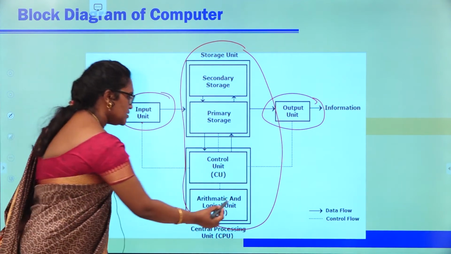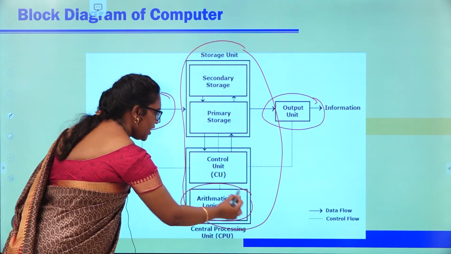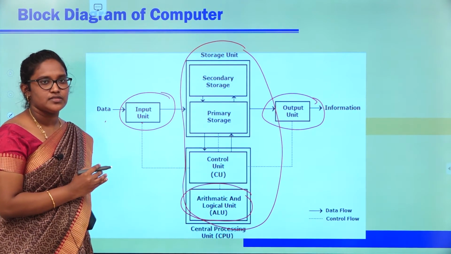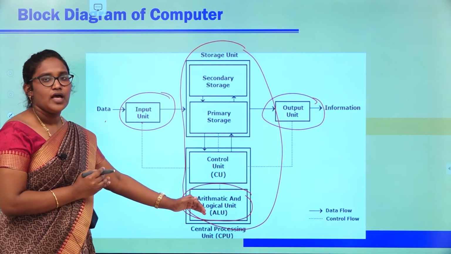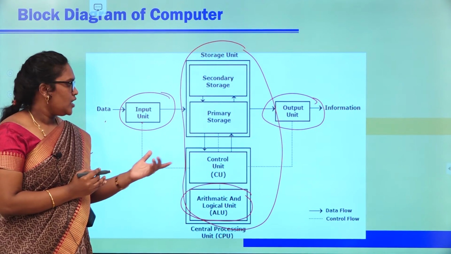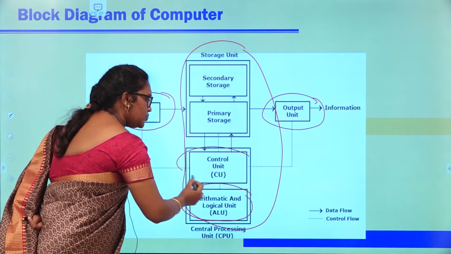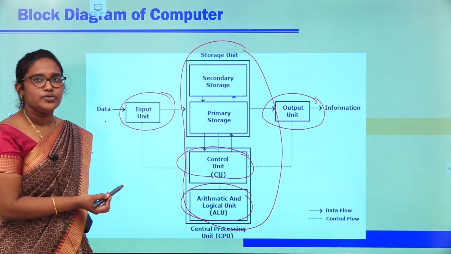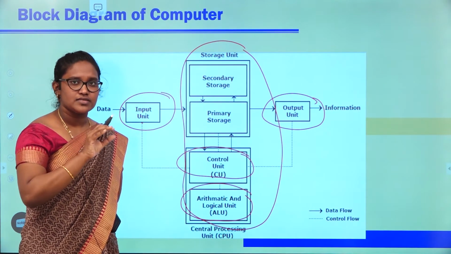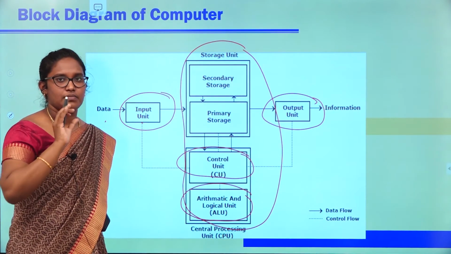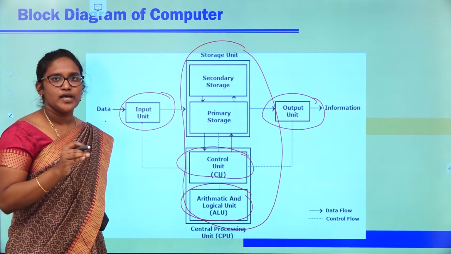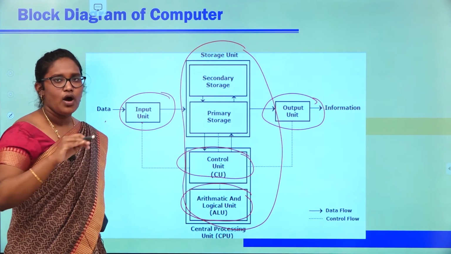First part is the arithmetic and logical unit. What is the arithmetic and logical unit? It is used for performing either arithmetic operation or logical operation. Next one, control unit. For example, if some section is writing an exam, obviously in that classroom we need a supervisor who will watch over all the students.